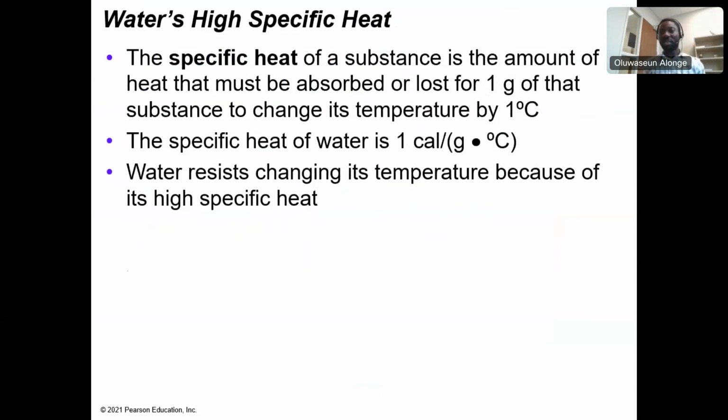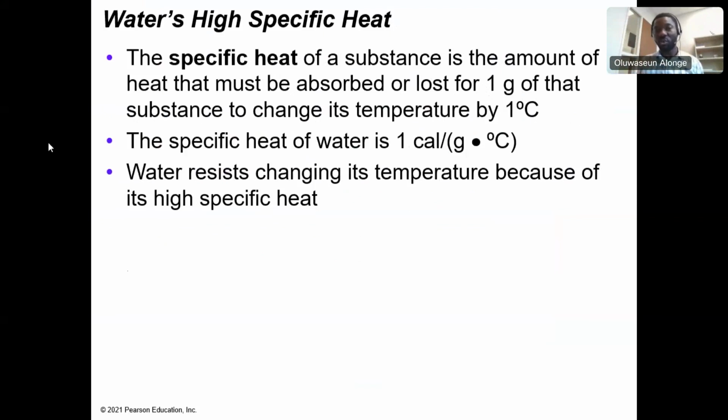Now, specific heat of a substance is the amount of heat that is absorbed or lost for 1 gram of that substance to change its temperature by 1 degree Celsius. So either heat gain to increase the temperature, or heat loss to reduce the temperature by 1 degree for 1 gram.